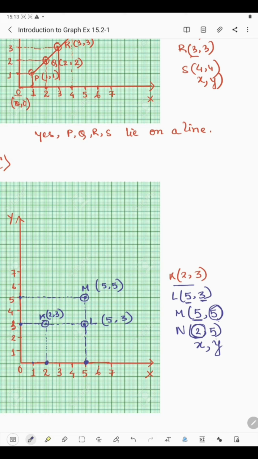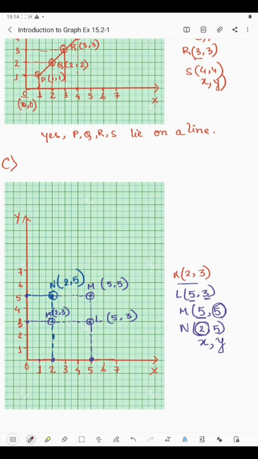Okay, and value of y is 5, so here it's 5 on the y axis. Now we will have to draw a line, and from here also if you draw a line, this will intersect over here. This is point N, and the coordinate of point N is 2, 5.